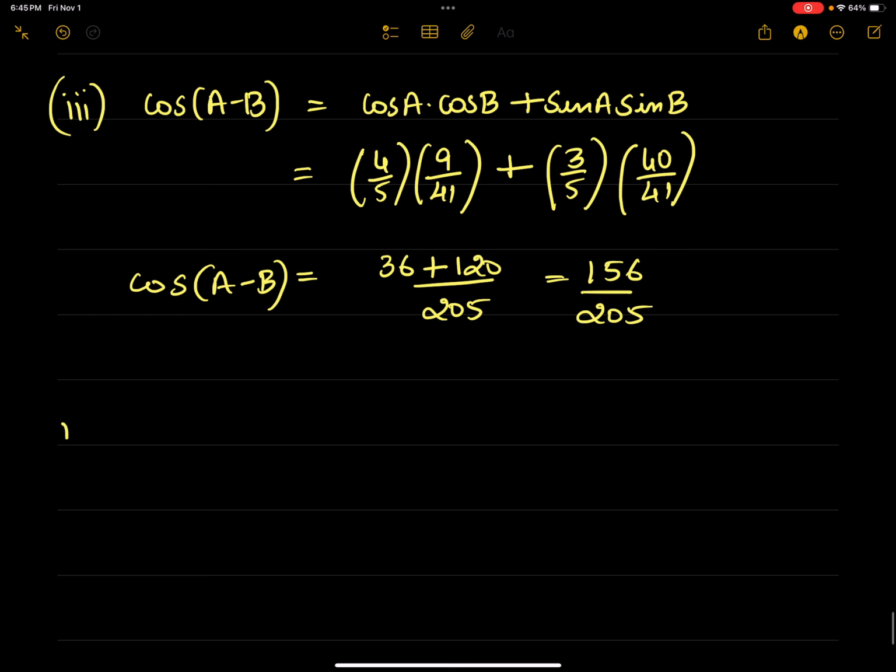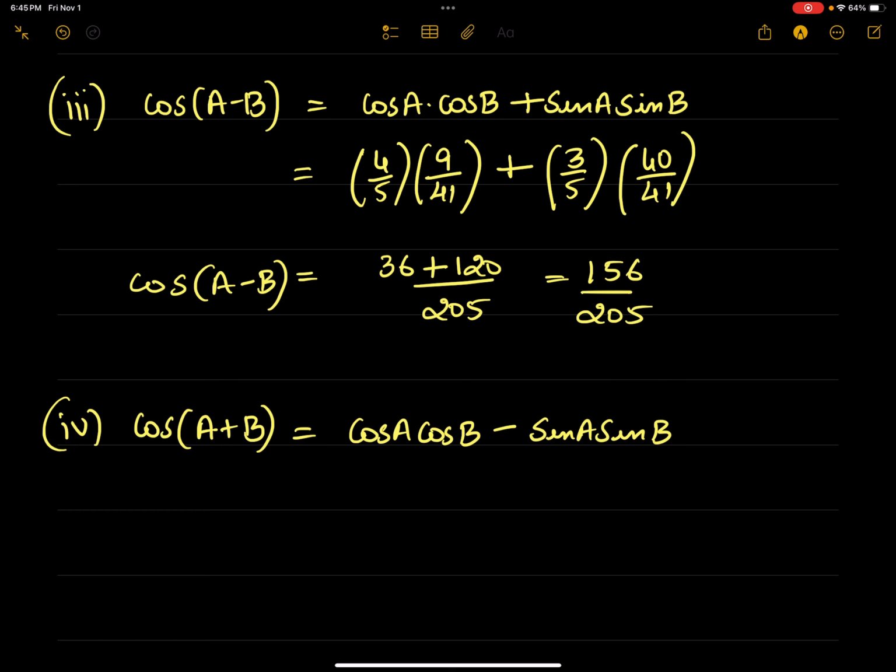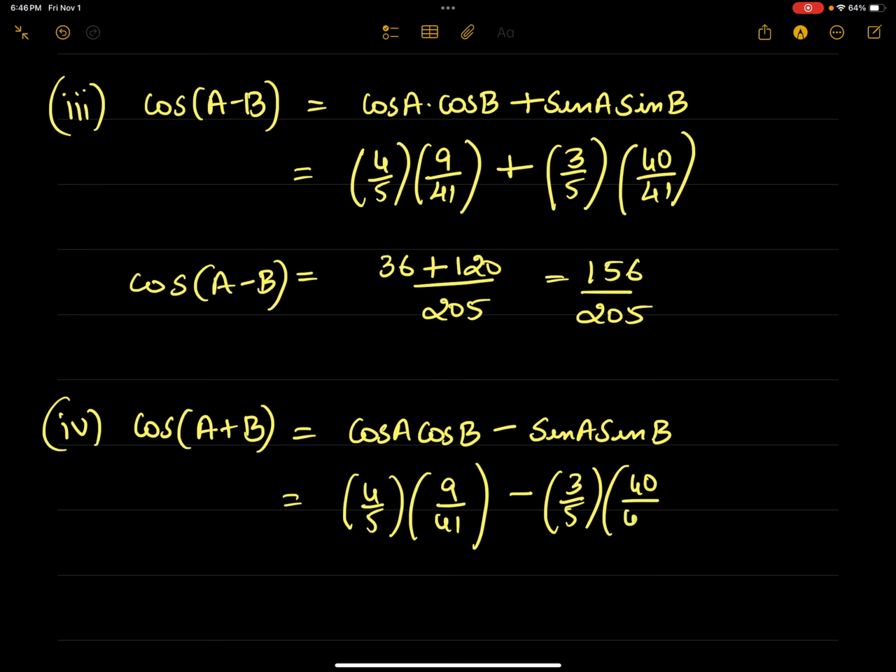Now the last part of the question is to find cos of A plus B. Let's apply the formula here. It is cos A cos B minus sin A sin B. So the values would be 4 by 5 multiplied by 9 by 41 minus 3 by 5 multiplied by 40 by 41.